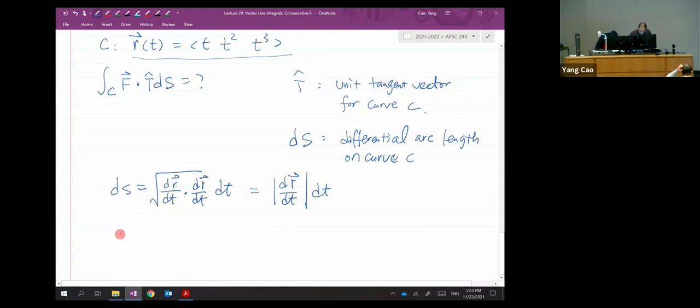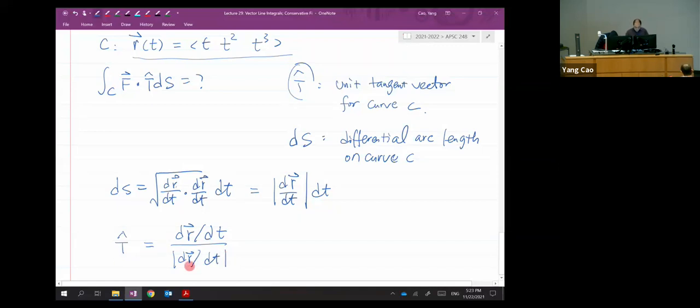And then the next quantity is t hat, the unit tangent vector. We have also learned that if you have the parametric equation for a certain curve C, then its tangent vector is dr over dt. And then you normalize the tangent vector, so you get the unit tangent vector. So that's t hat.